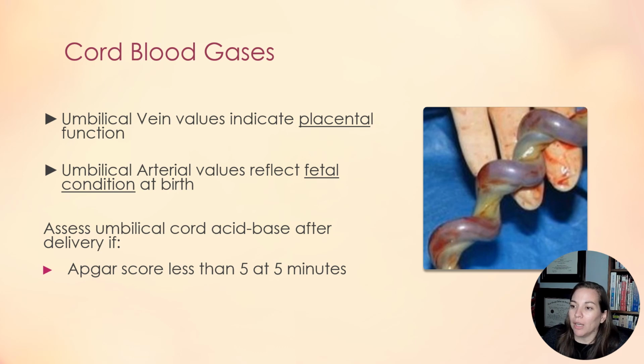So the umbilical vein values indicate the placental function, and the umbilical artery values reflect the fetal condition at birth. Let's think about this a little bit. Remember, veins travel toward the heart, and our arteries are pumped from the heart out away from the heart, right?